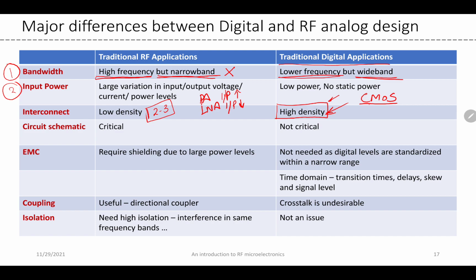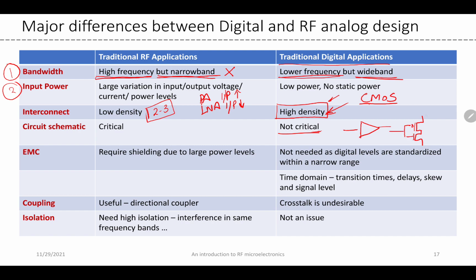And the next thing is the circuit schematic. The circuit schematic is not that important in digital designs, because there are systems in place which don't care how the circuit is designed. For digital applications, your building block is a gate, and the gate has a fixed circuit design.